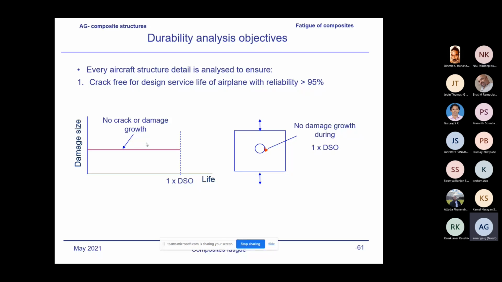Now, somebody has asked a question about this fail-safe and safe life philosophy and damage-tolerance philosophy. And this is why I want to clarify. All the metallic structures need to demonstrate the fatigue life for one DSO, where we don't consider any crack growth at all.